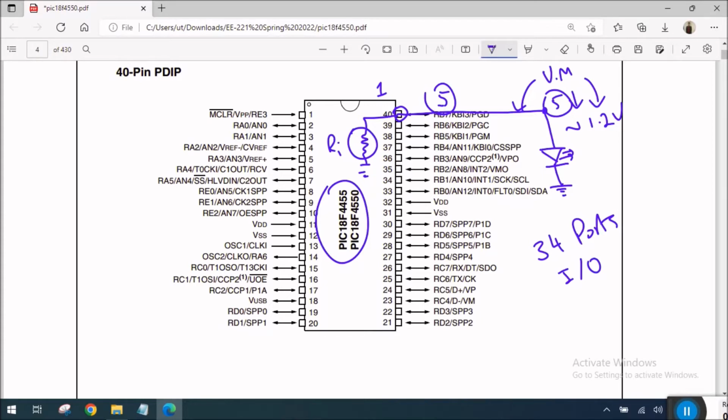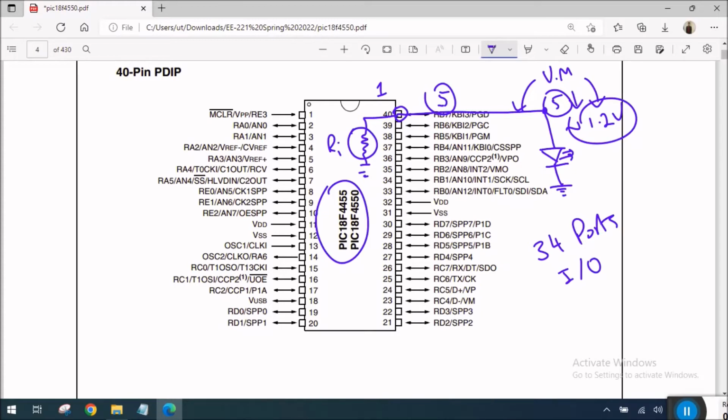A 1 may be deteriorated into a 0, or a 0 may be pulled up to a 1 because of the external circuit connected to that pin. So the reading on that pin would no longer be a valid reading. That's why we can only use a single pin as either an input or an output at a given time.